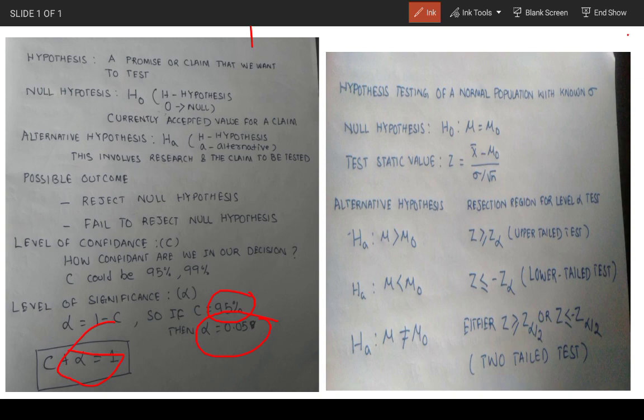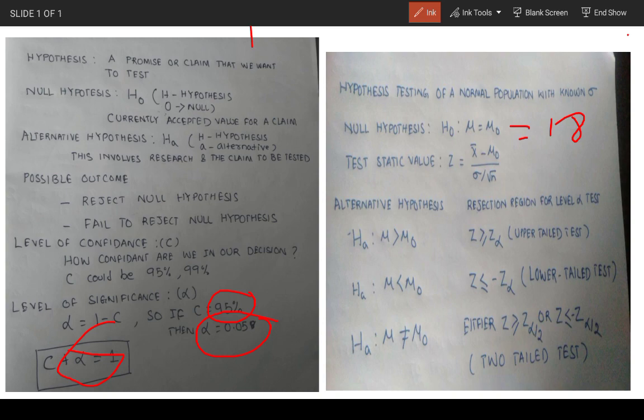Let's go to how we can do the testing. Let's take the same example. The average is 18. So my null hypothesis is mu equals mu 0, which in our case is 18. Now, when I assume my null hypothesis to be exactly 18, there could be two possible scenarios: either it could be less than 18 or more than 18.